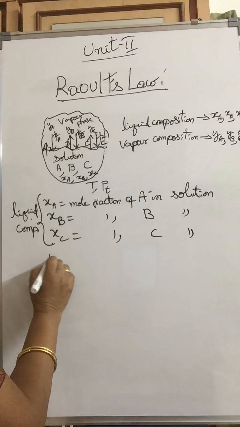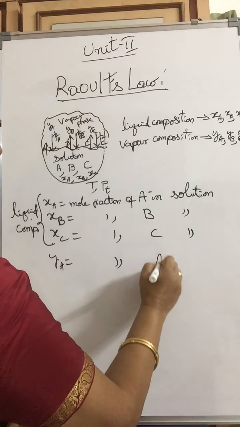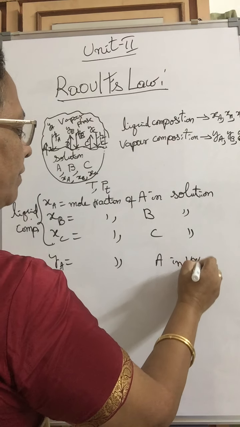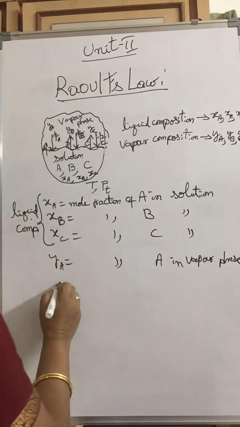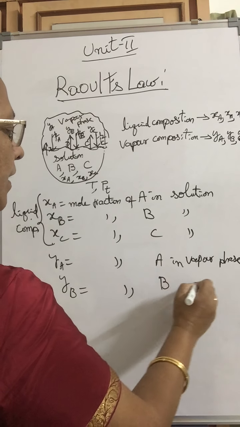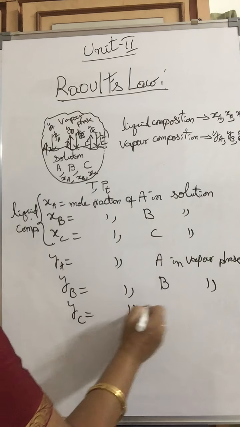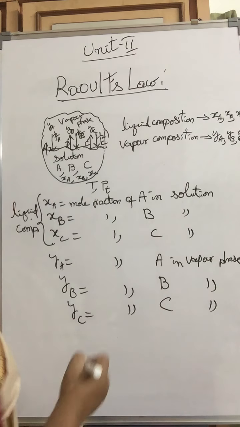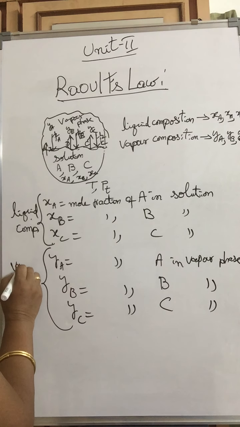That means YA is the mole fraction of A in the vapor phase, YB is the mole fraction of B in the vapor phase, and YC is the mole fraction of C in the vapor phase. So this is the vapor composition.